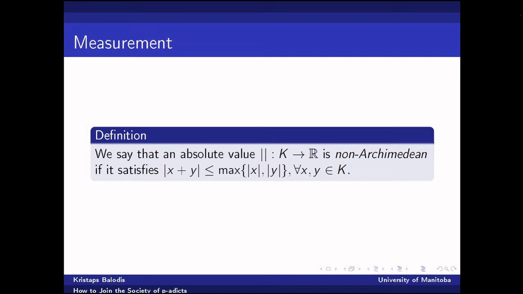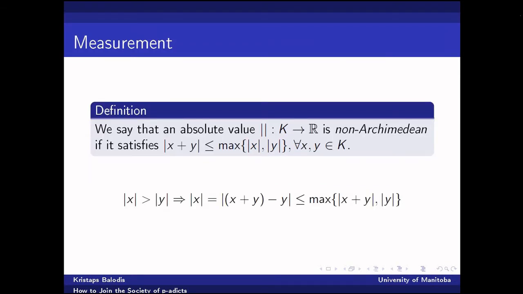So if we have an absolute value on a given field, we say it's non-Archimedean if it satisfies this stronger version of the triangle inequality. And in fact, we're going to get something even stronger just out of this definition.